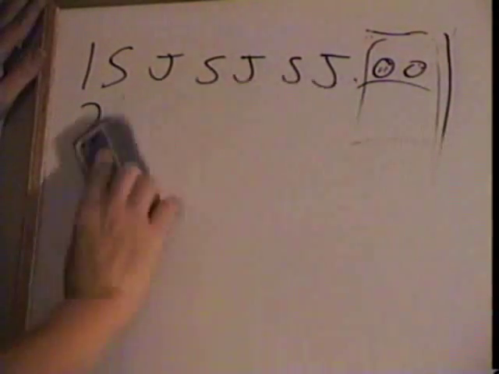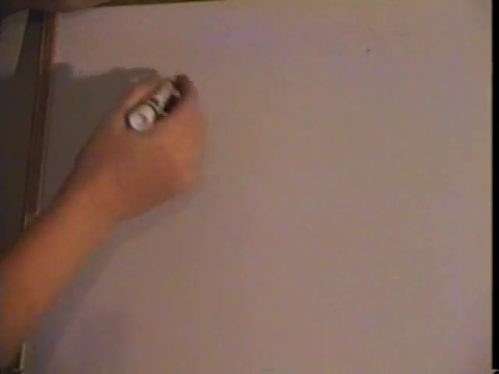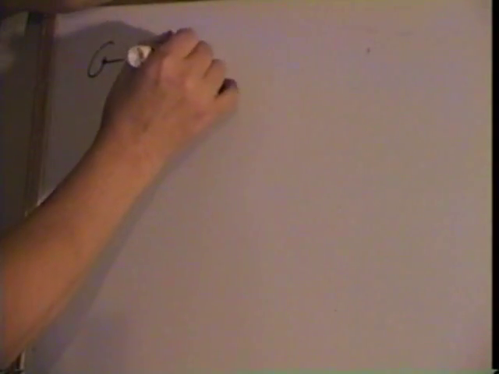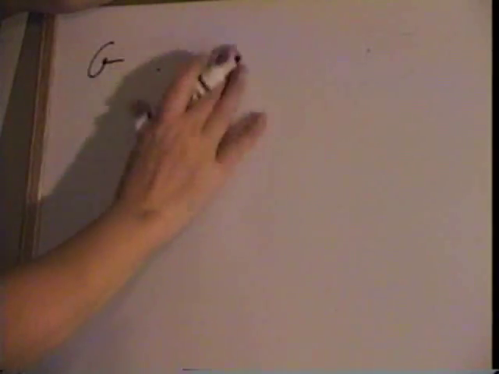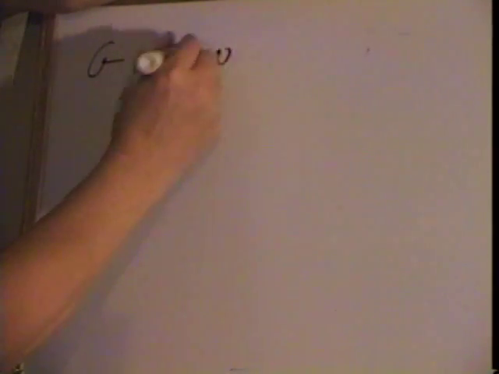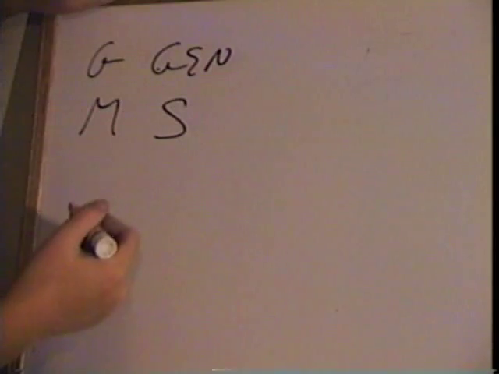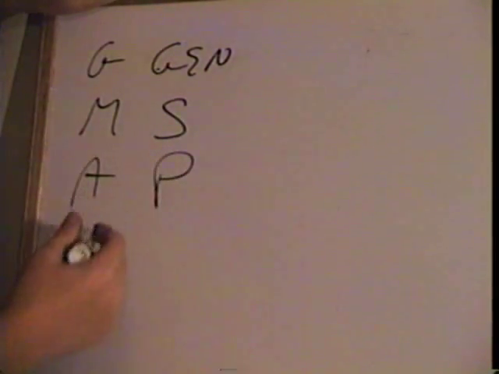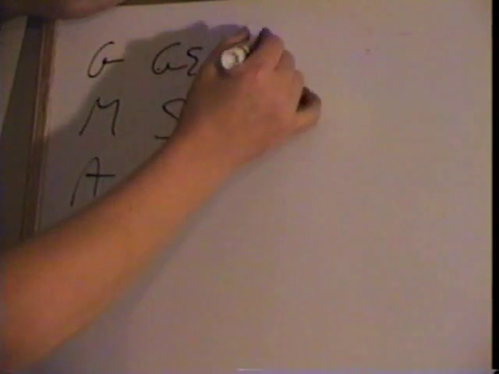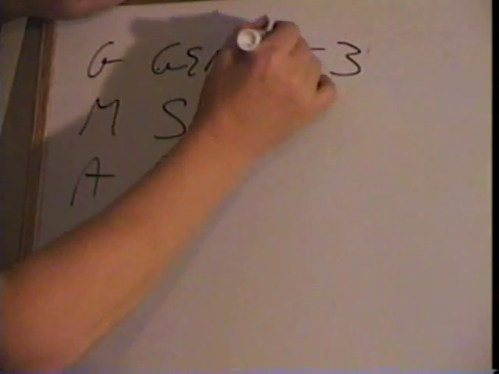For example, suppose we take the positive and negative things that happen in the story: greed and generosity, morality and self-interest, attitude and approach, and so on. Suppose we say this is a +2, this is a -3.